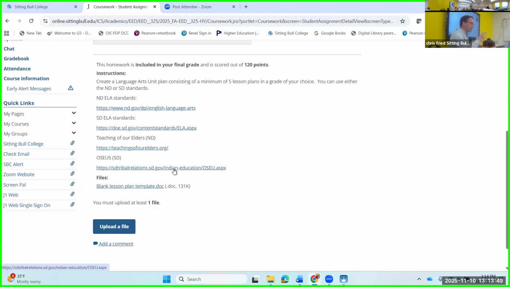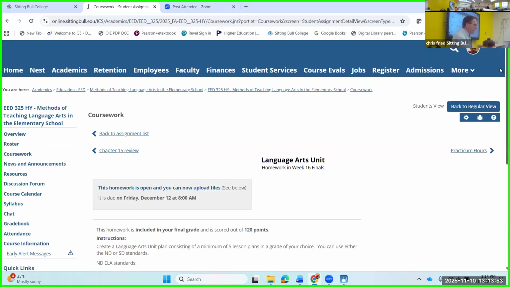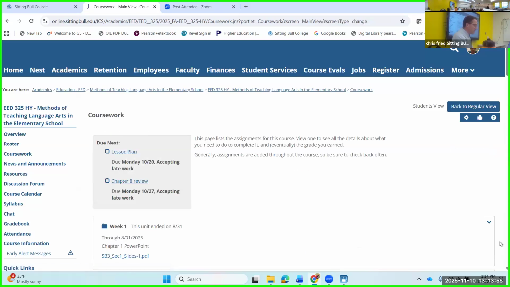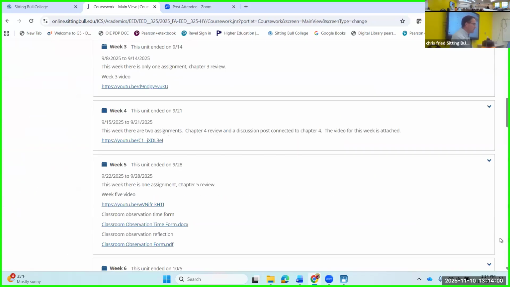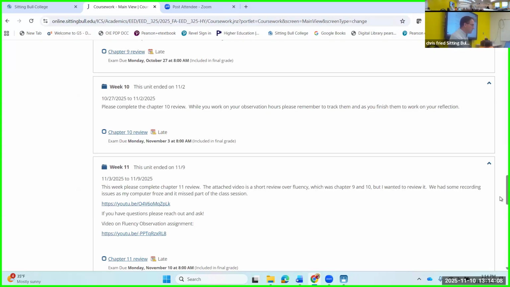So we pull in some of those components too. And that's the final piece for that. Again, we won't necessarily meet for that, but I will be here those days. And if you want me to preview it and give you some feedback before you submit it, let me know a little bit ahead of time so I have some time to do that for you.